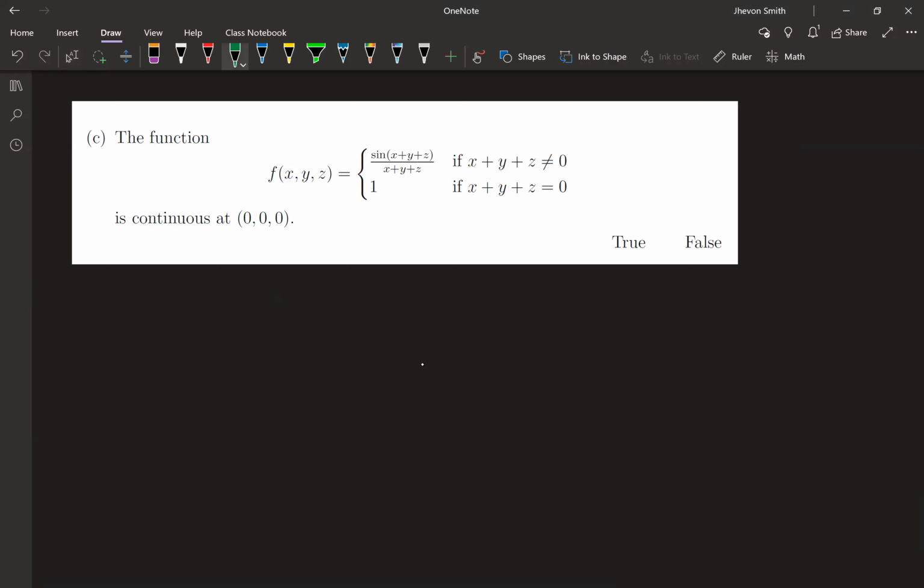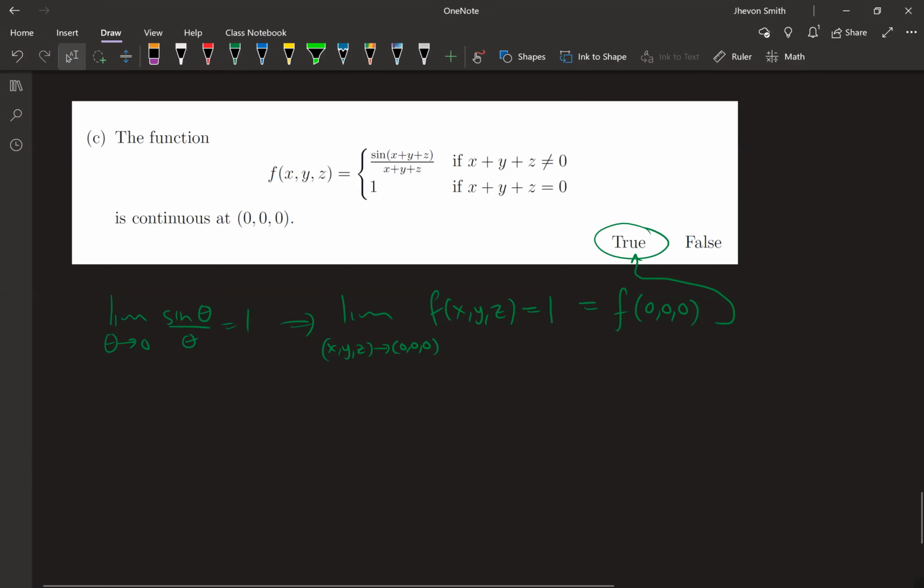Well, sine of 0 over 0 is not defined, but if you take the limit as something is approaching 0, so if I take the limit as x, y, z approaches the origin of my function, that answer is going to be 1, and that is equal to the value of the function at the origin. So this means true, it is continuous at the origin because the limit is equal to the value of the function.